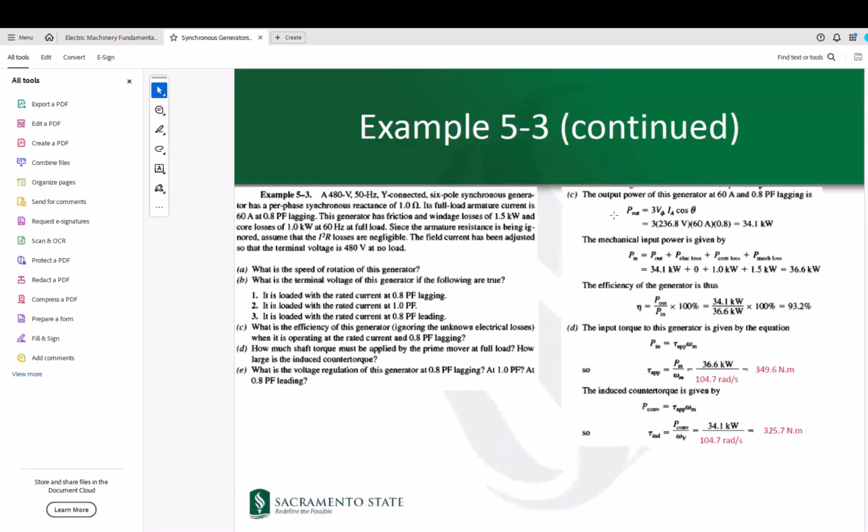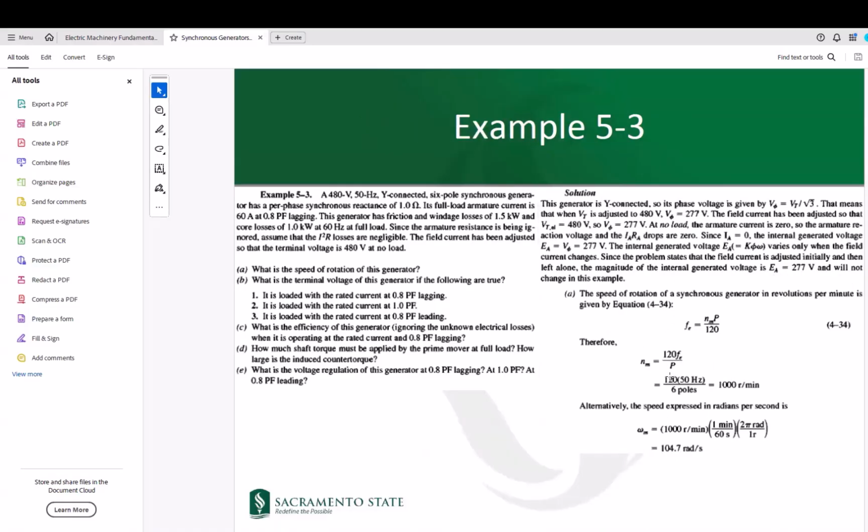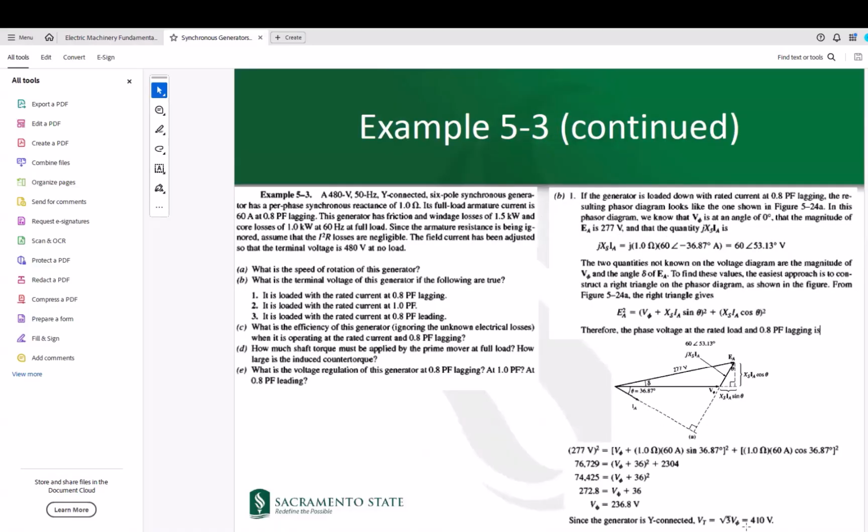So in the previous problem, you found in each of these lagging or leading power factor cases the voltage. So we're going to repeat the same process under different armature currents. So when you're changing the armature current from, for example, 0 all the way up to 60, which is the full load armature current, at the same minus 36.87 degrees, which is corresponding to 0.8 lagging power factor, then you can recalculate these VT at different armature currents.